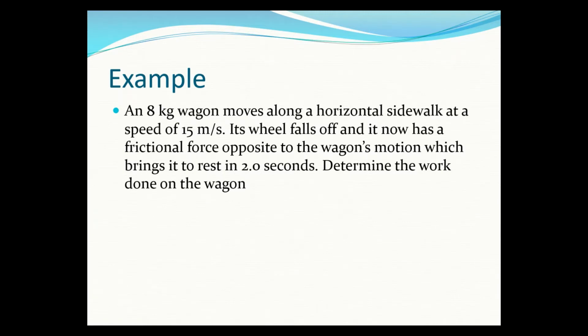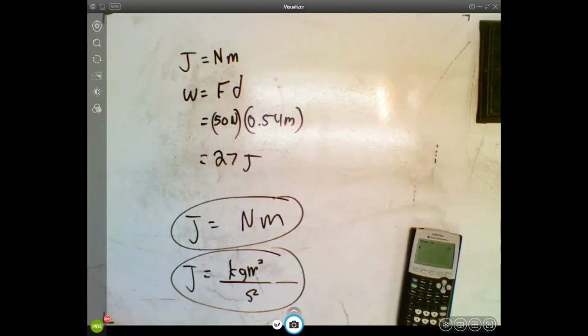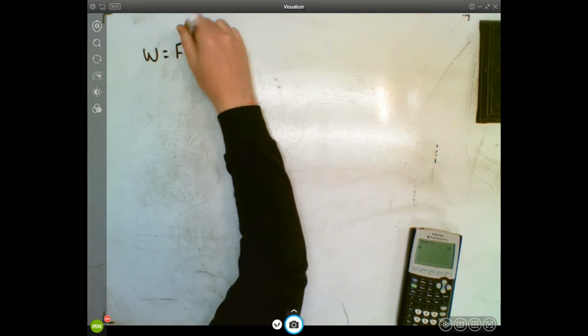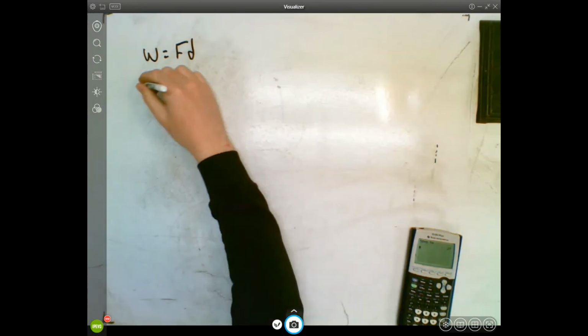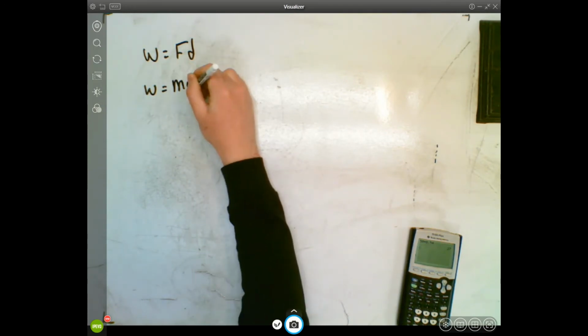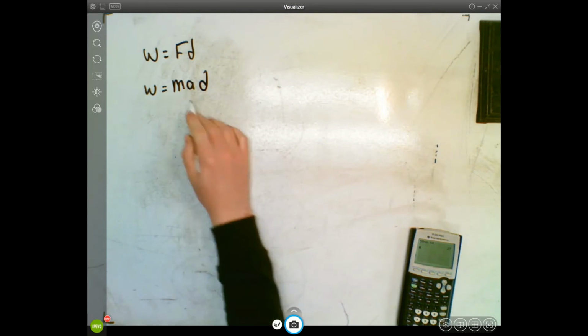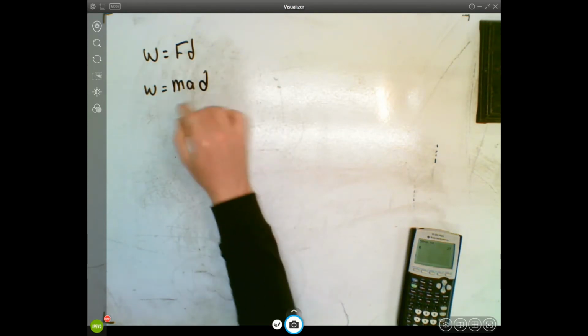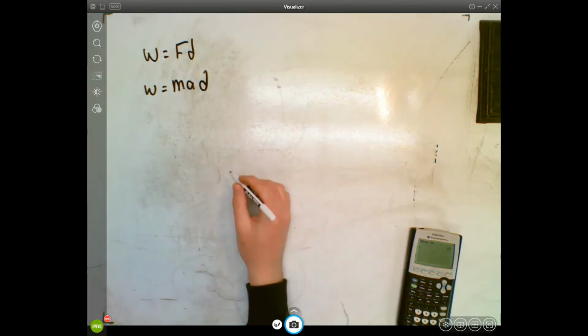The cool thing about this, the more physics we do, the more ways we have of solving this problem. Technically you could use work equals force times distance, and we could break down force into mass times acceleration. So we have the mass of our wagon.